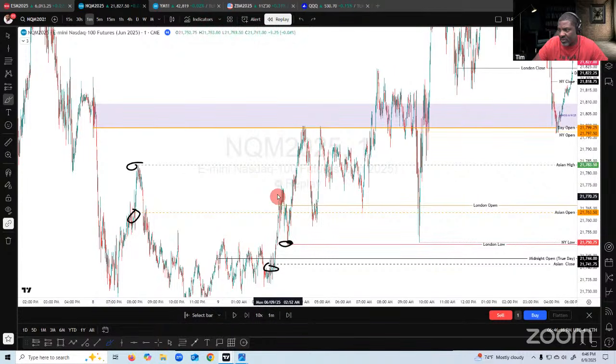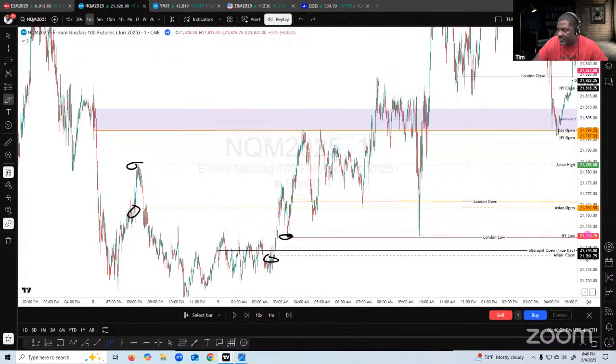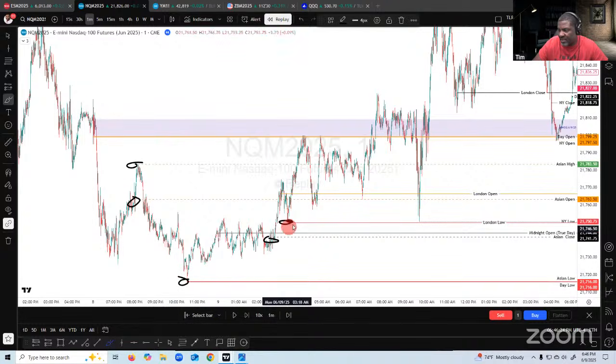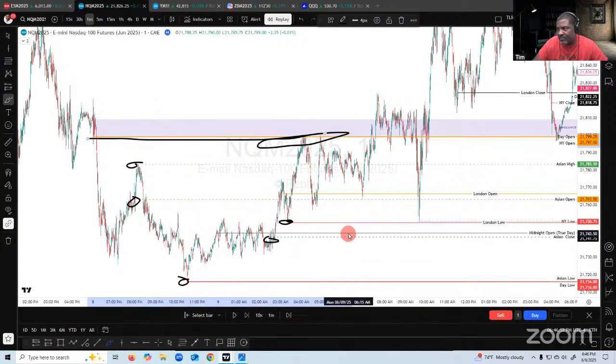So we come in, we drop below the Asian open, don't take out the Asian low, don't go below the Asian close. Then we rally up above the Asian high, taking out the Asian high and poking above the daily open. Then we trade back down below the London open, kind of consolidate around the Asian open a little bit. Then we rally back up, creating relative equal highs right at the daily open.